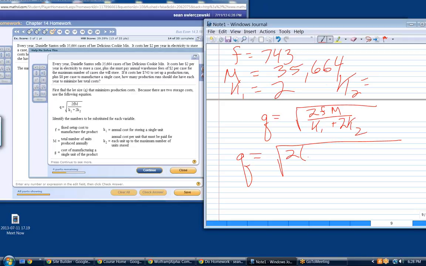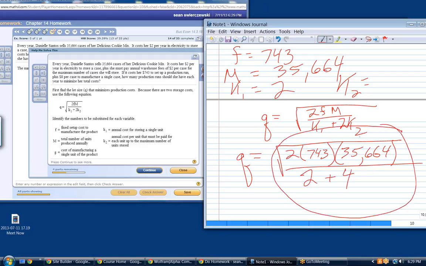Okay, so we got 2 times 743. I'm still not sure what K sub 2 is. Is it the same as K sub 1? Well, it costs $2 per year in electricity to store, and $2 per case for the maximum number of cases. So it would be 2 plus 4.